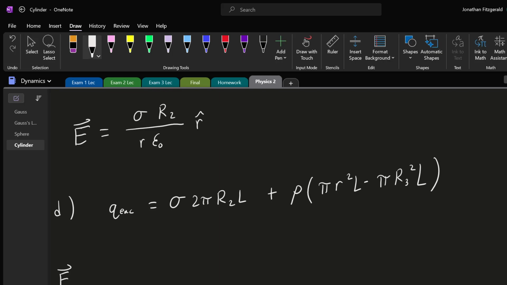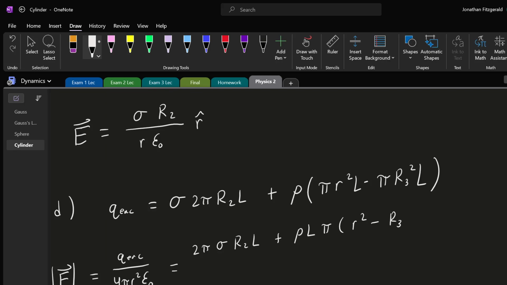Okay. Now that we have that, we can just plug it into our formula. 4 pi r squared epsilon naught, which equals 2 pi sigma R2 L plus, factoring out these terms, we're just left with r squared minus R3 squared, for pi r squared epsilon naught.